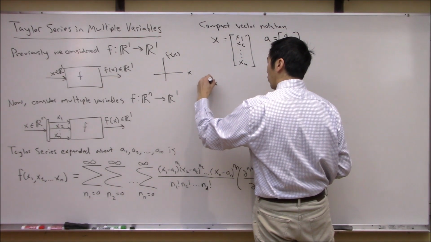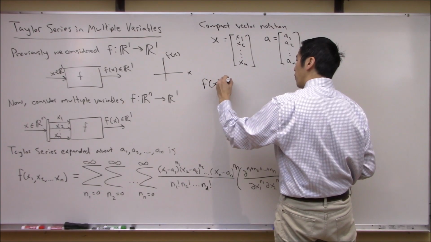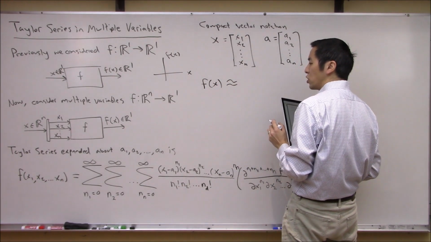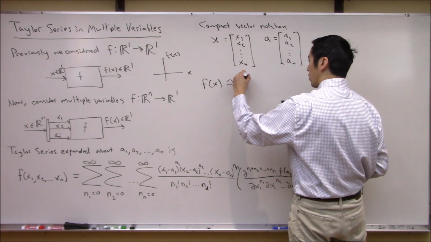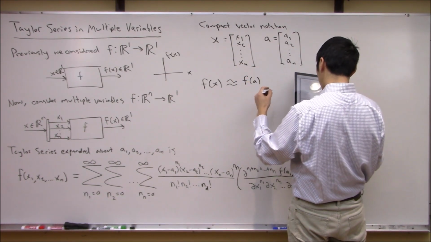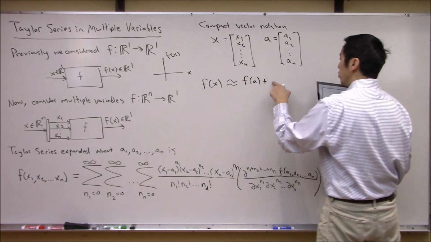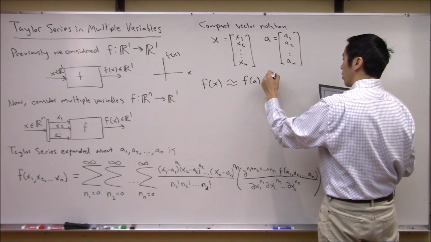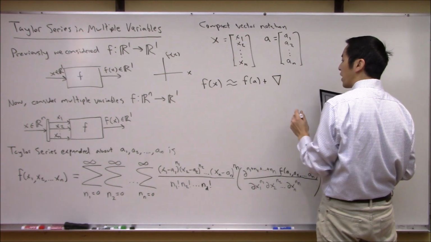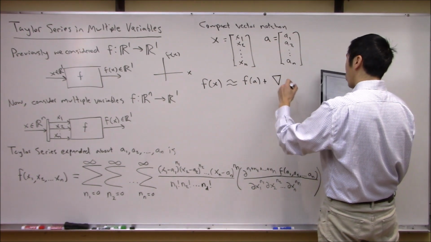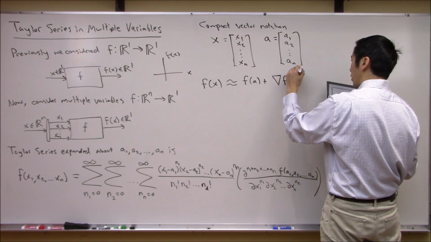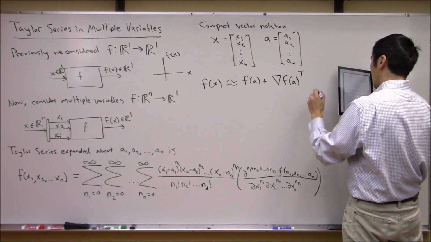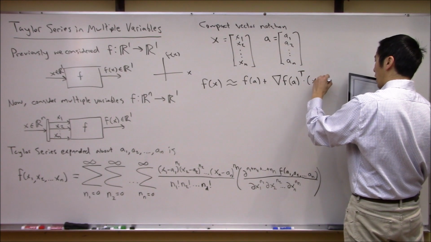Now, using this compact vector notation, what's really great is that I can still talk about the function f of x. This is the original function, but now the first order approximation of this function using Taylor series is very easily written down like this. It's f of a plus, now usually we'd see a derivative right here, but since it's a vector valued derivative, we're really talking about the gradient of f at a, and we're going to have to transpose this to make the dimensions match, times x minus a, right?